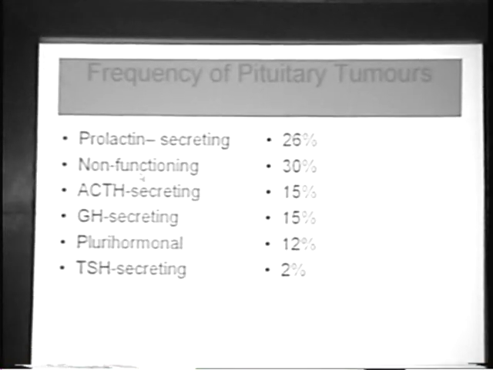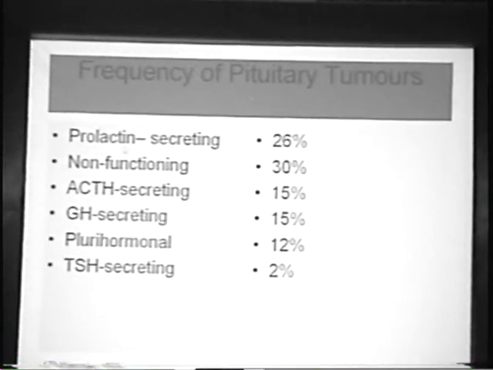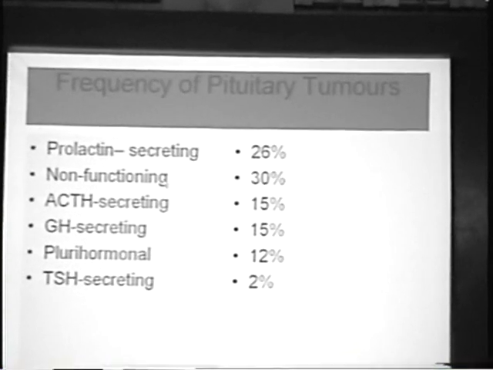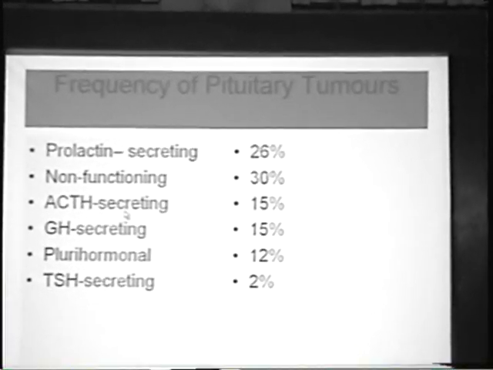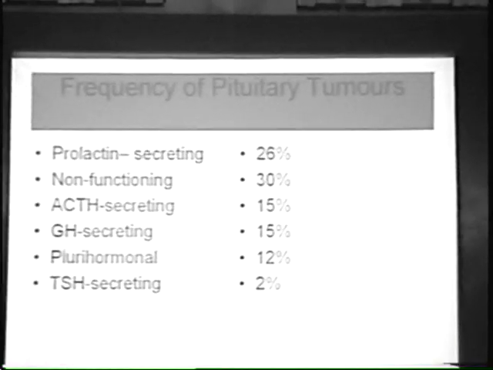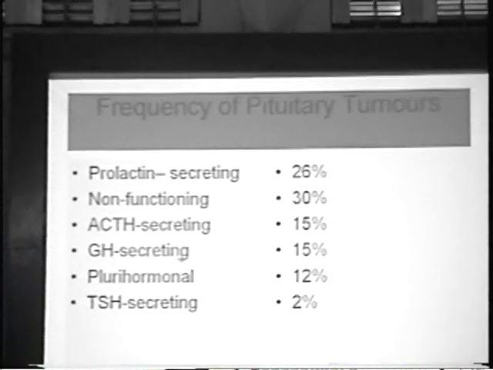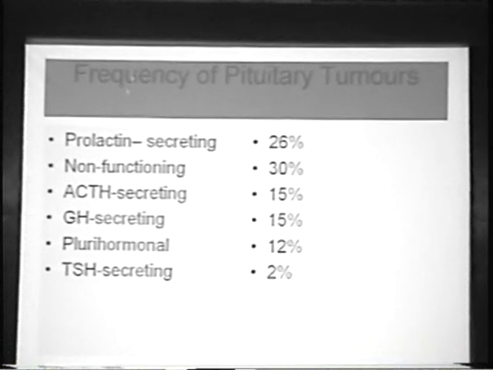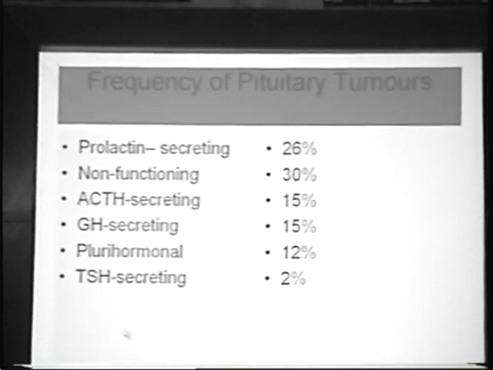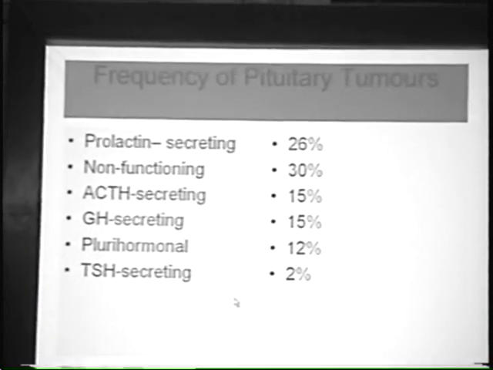Just to remind you, what do you anticipate in a patient who has a pituitary tumor? 26% of the time they're producing prolactin. 30% of the time they're non-functioning. 15% of the time they're producing ACTH. 15% of the time growth hormone. 12% of the time plurihormonal, that is, more than one anterior pituitary hormone is being secreted, growth hormone and prolactin, for instance, or ACTH and prolactin. And very rare, I've never seen it, 2% of the time they are secreting TSH.